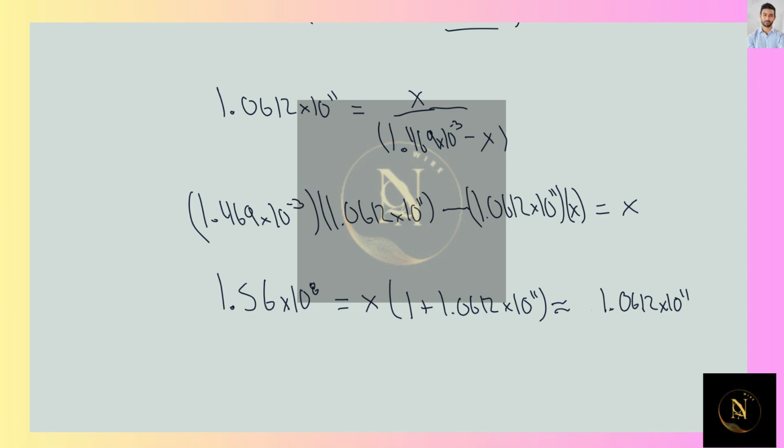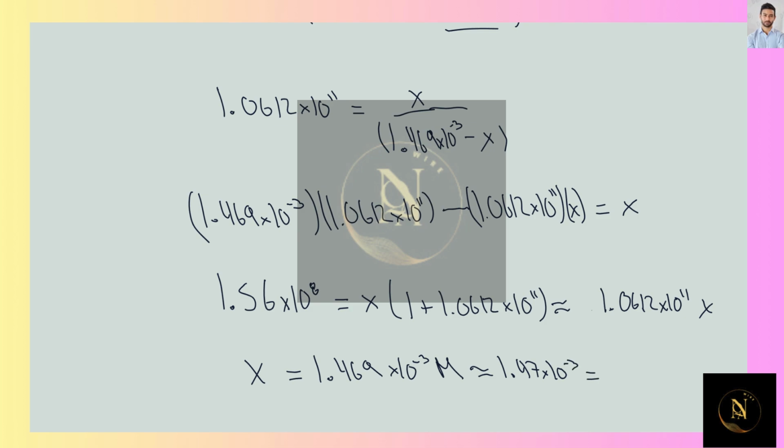So this means that x is going to be equal to 1.469 times 10 to the minus 3 molar, or rounding this up, 1.47 times 10 to the minus 3.